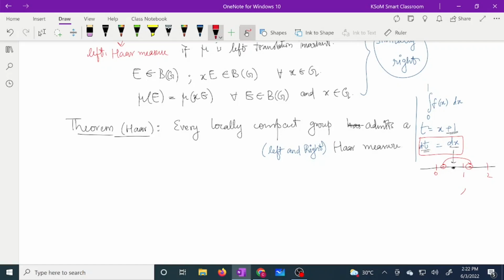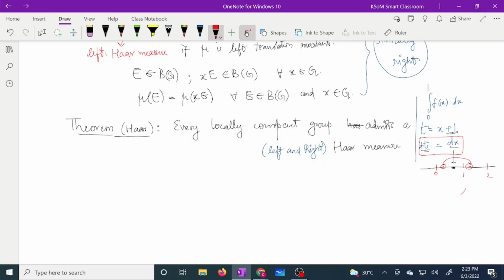Again, this is a very, very strong result, and this is at the core of Fourier series or Fourier theory, and how you can do a similar notion of Fourier analysis on locally compact groups. Without this you cannot do it. Without this you most probably can't study differential equations on, let's say, some compact symmetric space, for example.